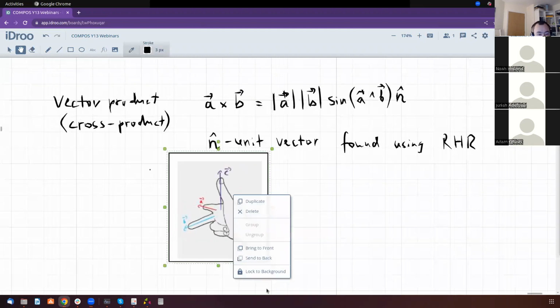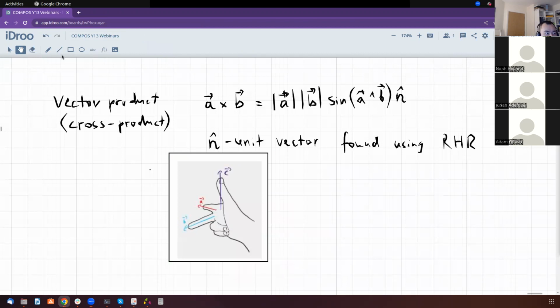So you draw the vector A, and it follows your index finger. That's vector A. Then vector B follows your middle finger. And the thumb is the vector N. Okay?